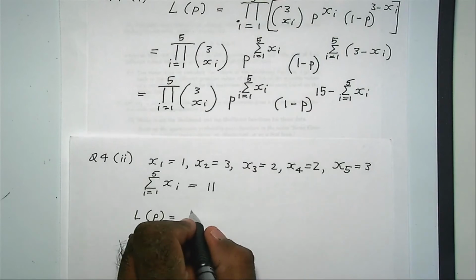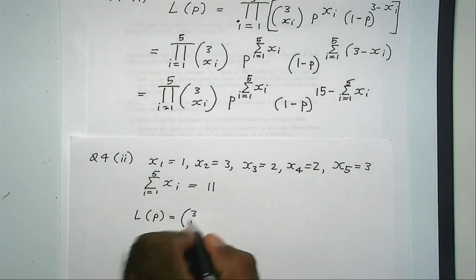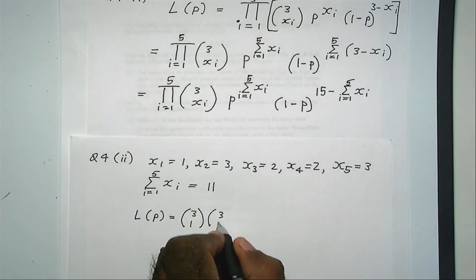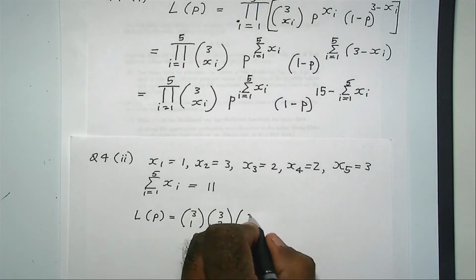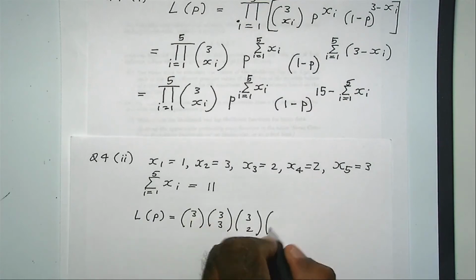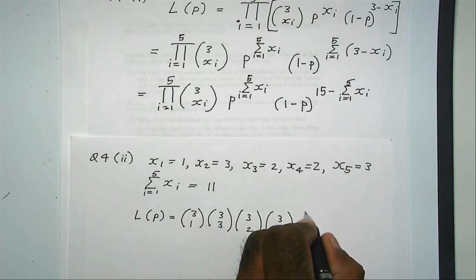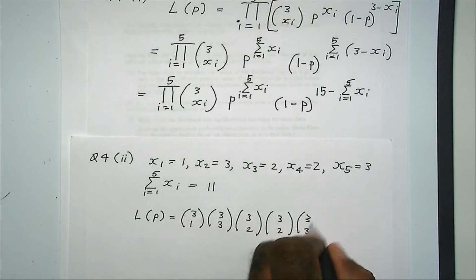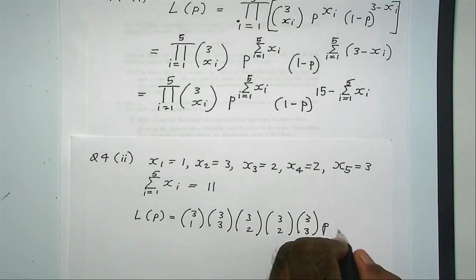It will be 3 choose 1, 3 choose 3, 3 choose 2, 3 choose 2, 3 choose 3, then p to the power 11, and 1 minus p to the power 15 minus 11, which is 4.